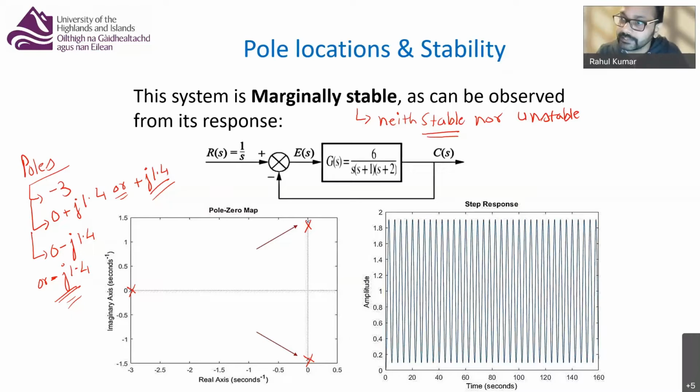So in the marginally stable case, your output will neither get stable, that means your acceleration will not reduce, nor will your acceleration increase. You will have continuous acceleration around the fixed value.